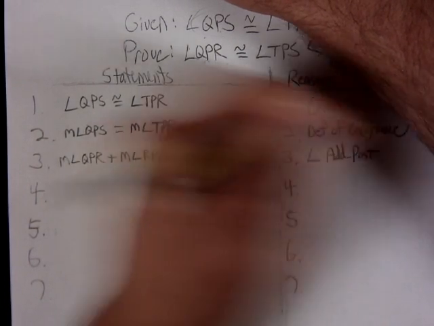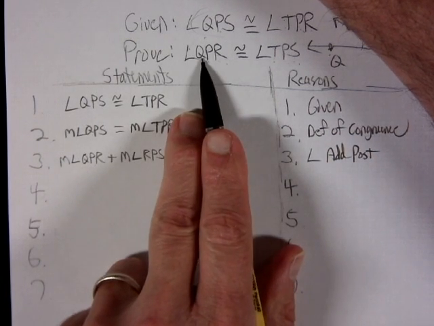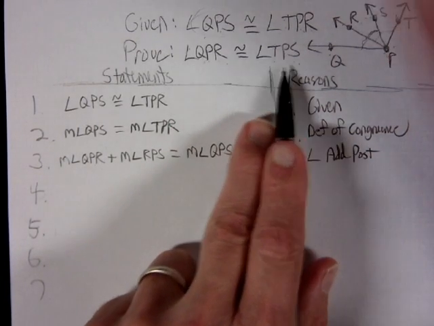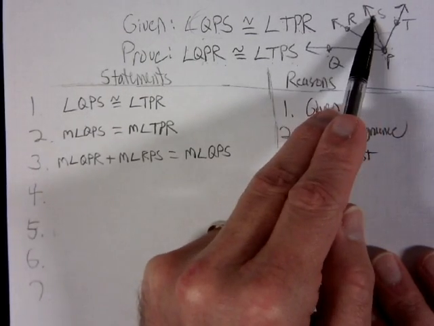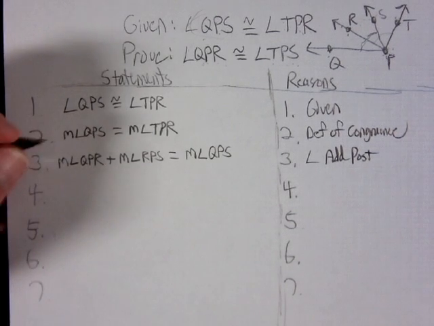Now again, how did that help us? Because now we have QPR in our proof. We didn't have it in there before. Let's get TPS in our proof. Well, TPS plus SPR equals TPR. So that's the next thing that we're going to write.